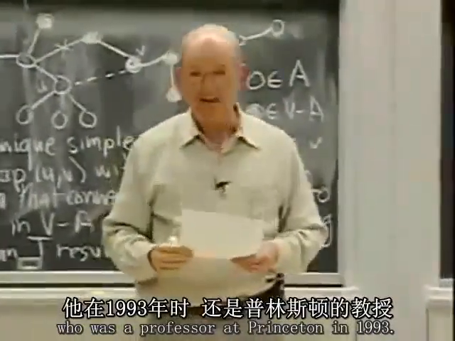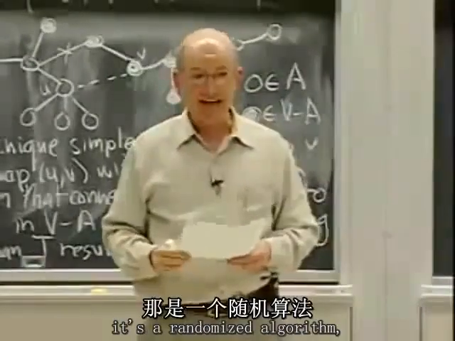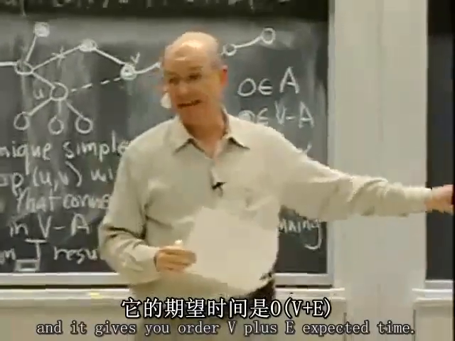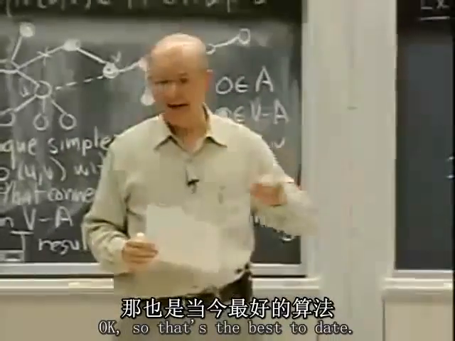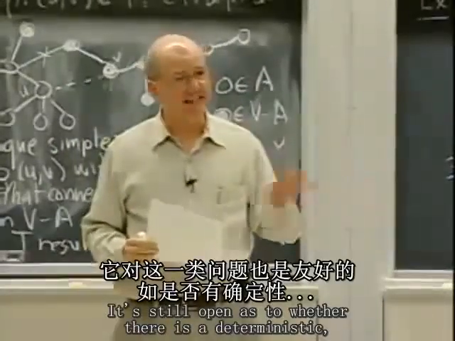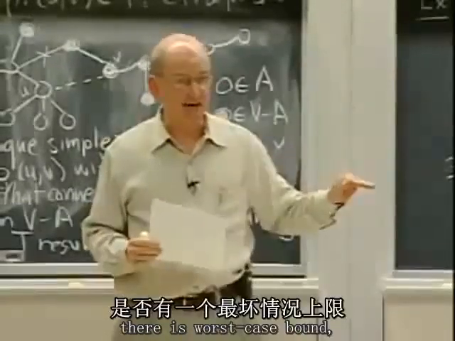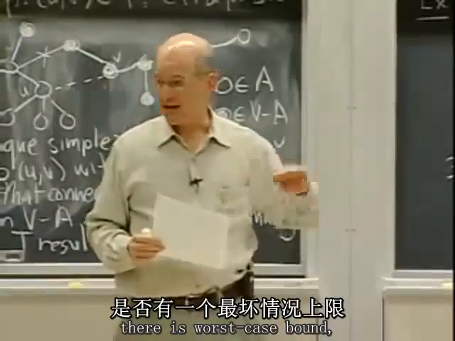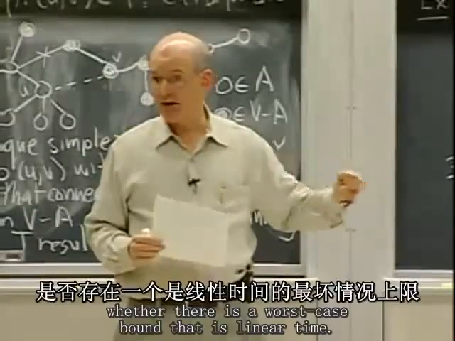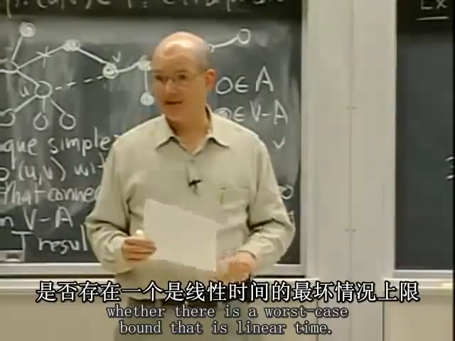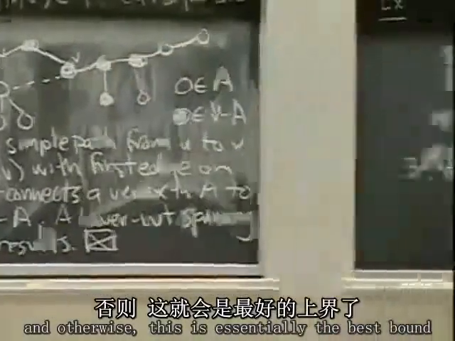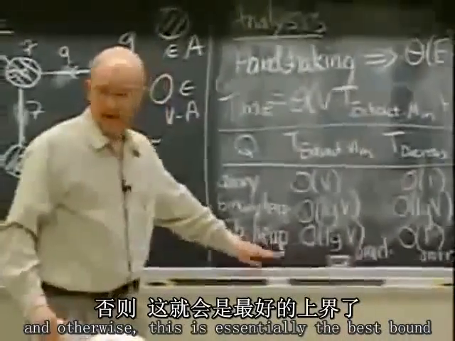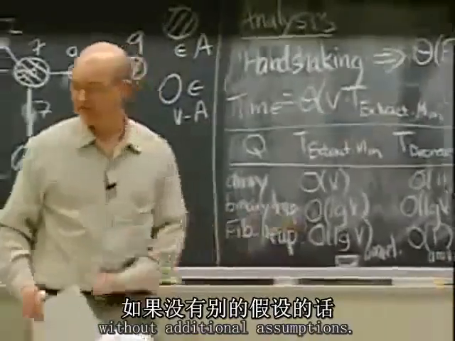In 1993, it's a randomized algorithm, and it gives you order V plus E expected time. So that's the best to date. It's still open whether there is a deterministic, worst case bound that is linear time. But there is a randomized linear time, and otherwise this is essentially the best bound without additional assumptions.